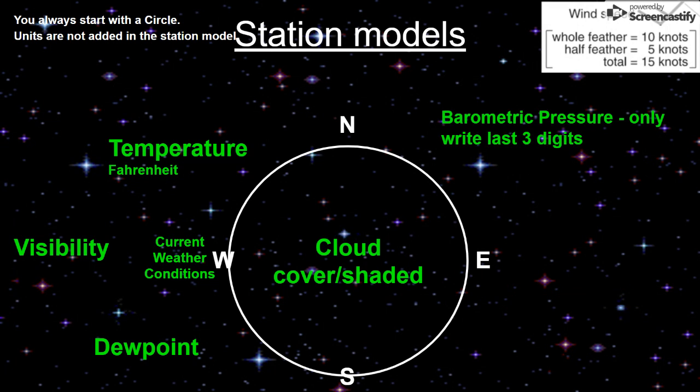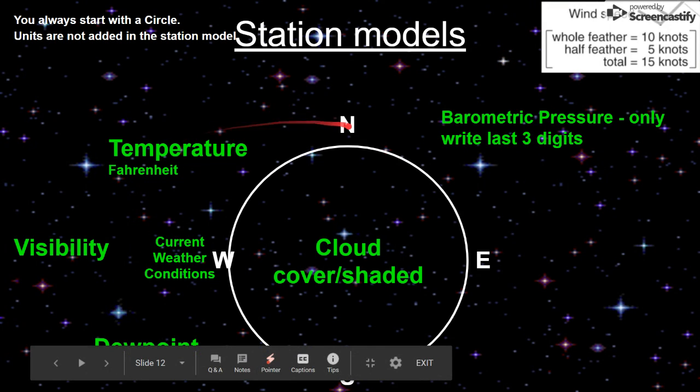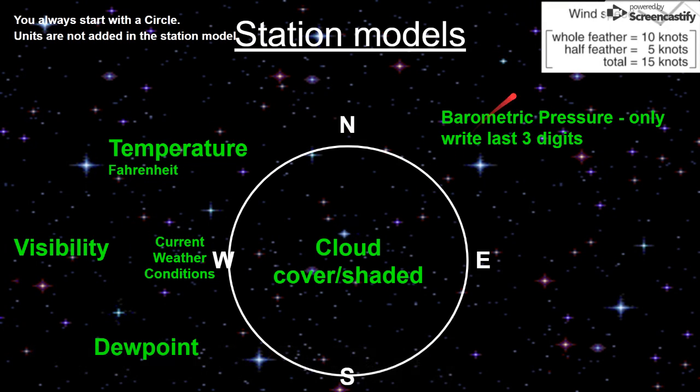The next thing that we're going to do is barometric pressure, okay? Just like how these are on the left-hand side, the barometric pressure is on the right-hand side, the upper right-hand corner. Barometric pressure is usually written in decimals, like 1093.5, right? That's an example. Well, you're only going to write the last 3 digits of that number.